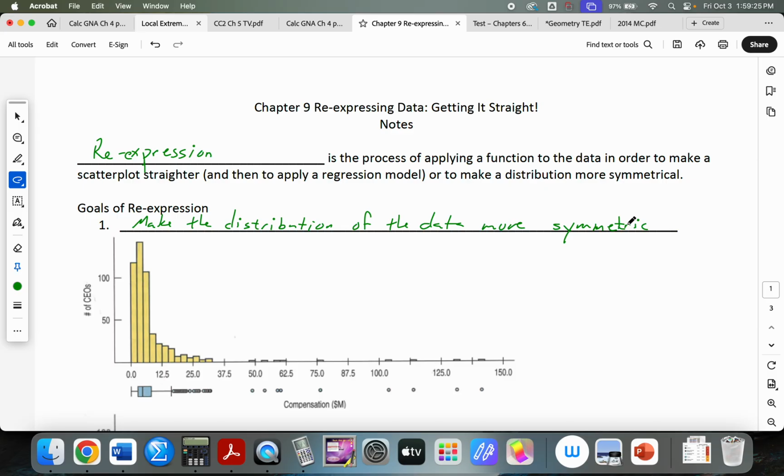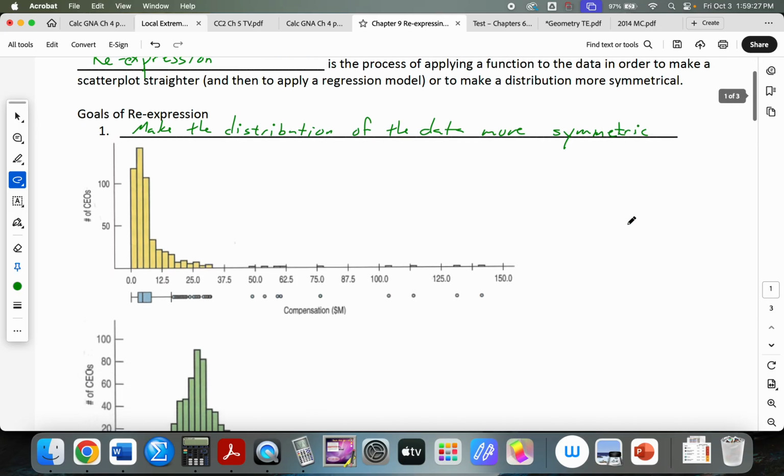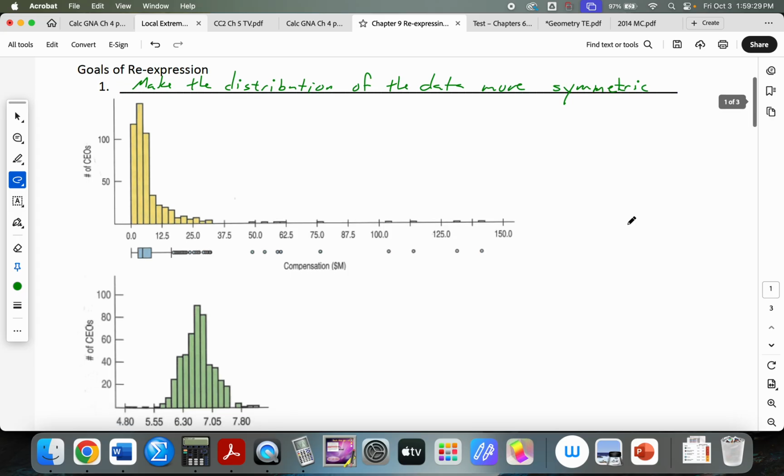So for example, on this one, where we had CEOs and how much money they made, in this original data, it's not close to symmetric, right? And since it's not close to symmetric, will a normal model be any good at all for approximating anything?